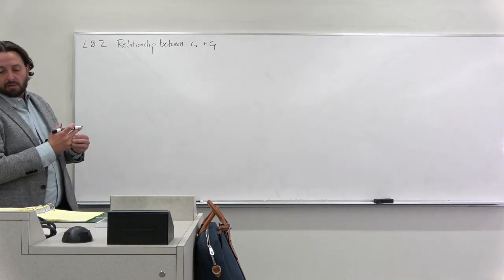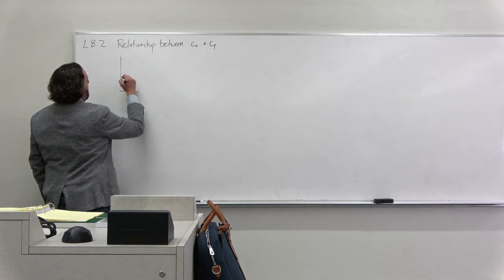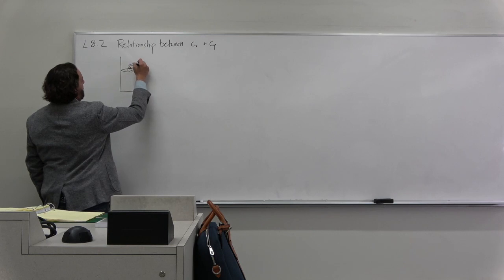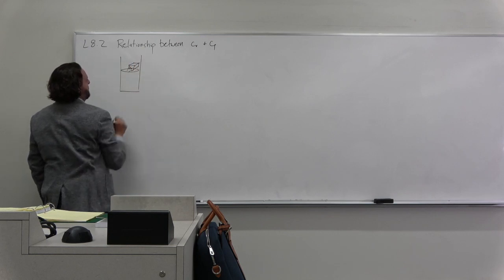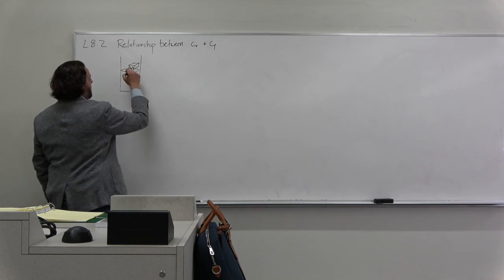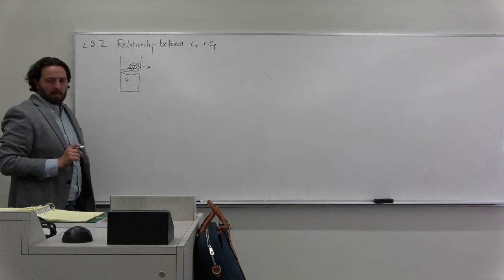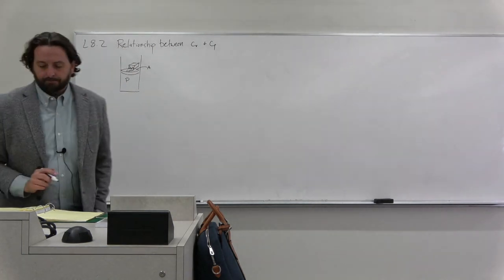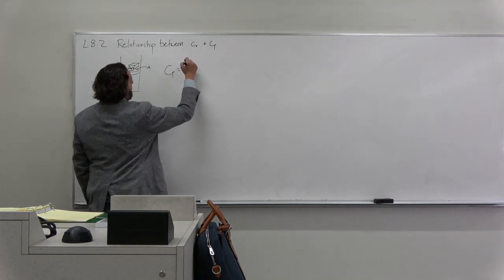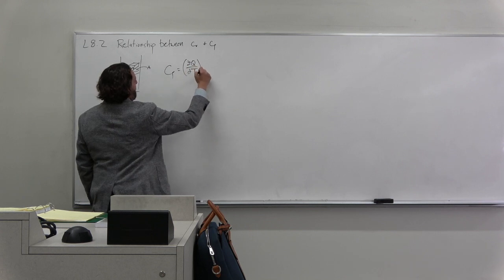CP experiments were done by having a mass on our piston to keep the pressure constant, right? So we wanted a constant pressure on our piston. Okay? So we had CP was partial Q, partial T at constant P.